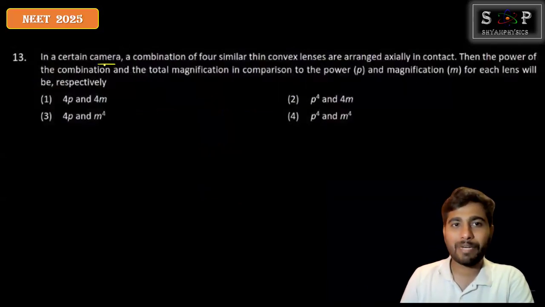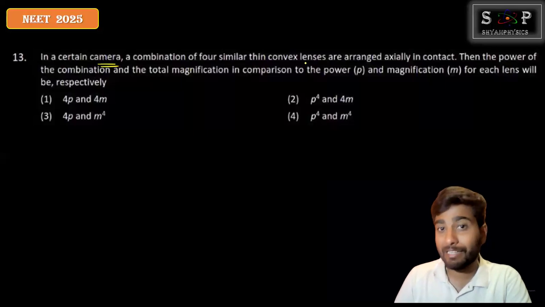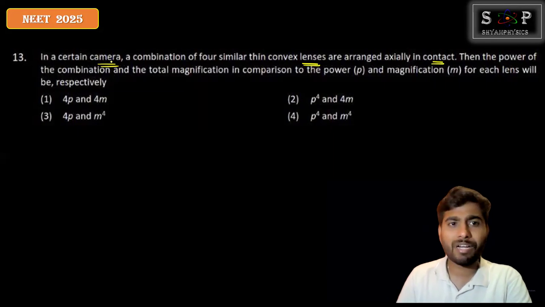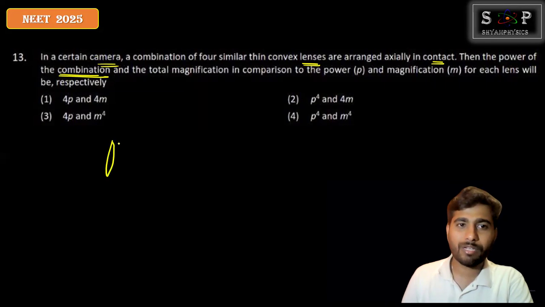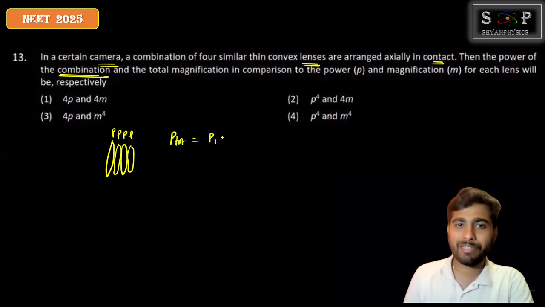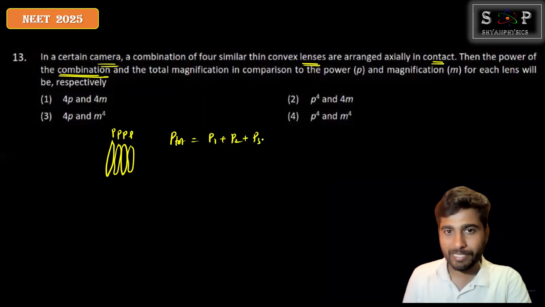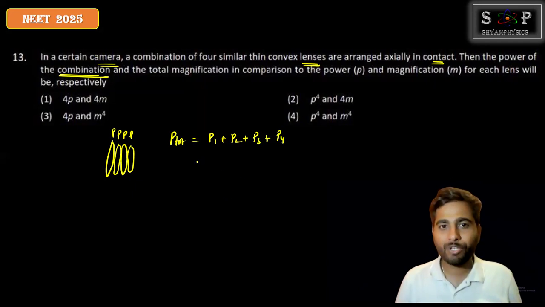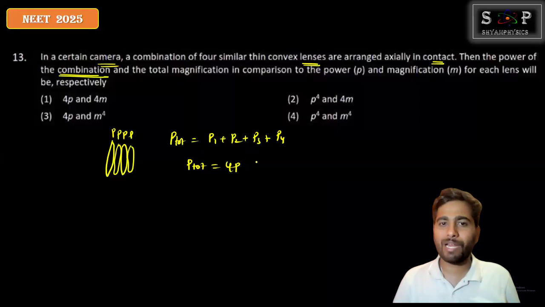Next question. A camera combination of four similar thin convex lenses is arranged axially in contact. We need to calculate the power of the combination. Four identical lenses are there, each of power P. The total power is P1 plus P2 plus P3 plus P4. All the values are equal to P, so the total power is 4 times P. One answer is ready.